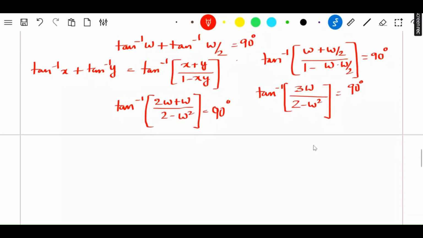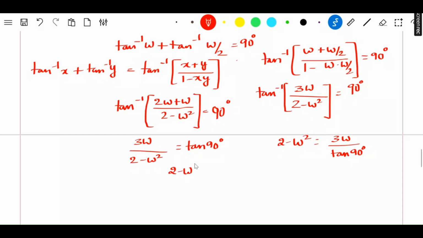Therefore, 3 omega by 2 minus omega square equals tan 90. Or I can say 2 minus omega square equals 3 omega divided by tan 90 degree. And we all know tan 90 degree is infinity. So therefore, 2 minus omega square equals 3 omega divided by infinity. Anything divided by infinity is 0.